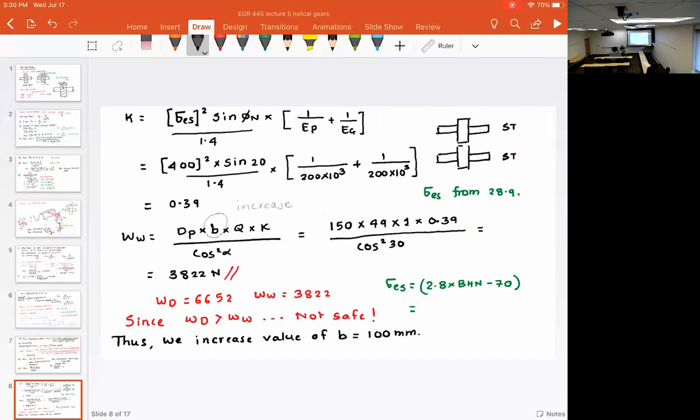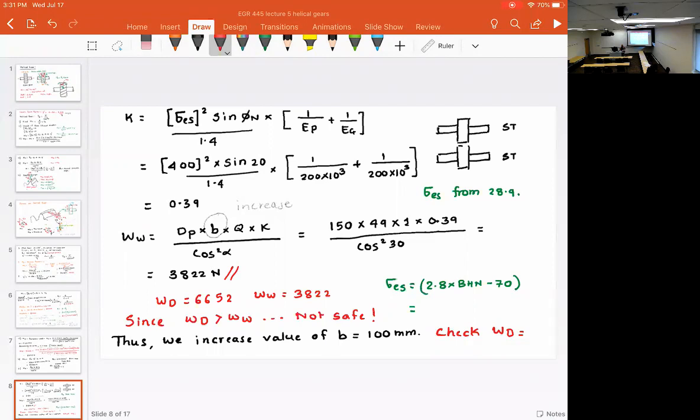The other choice is you can go for a different material, but I have seen gears like that. So unfortunately, that is what it is in this particular case. So increase the value of B, but check WD, because your WD will change since the value of B is changing.